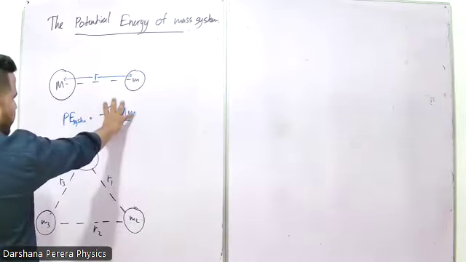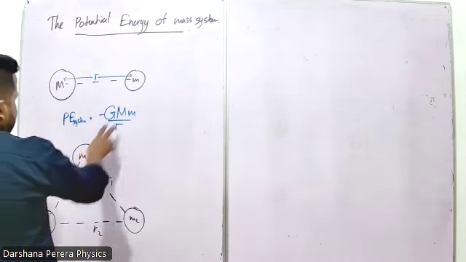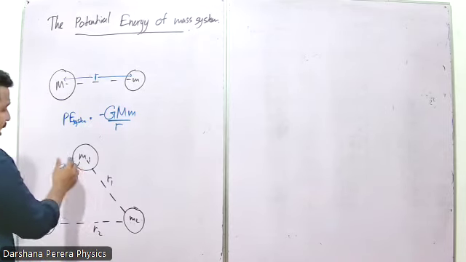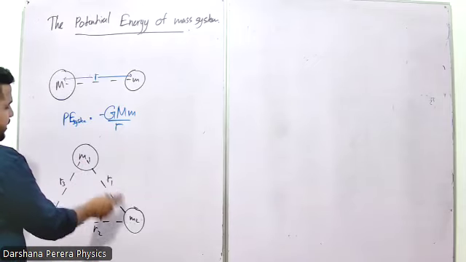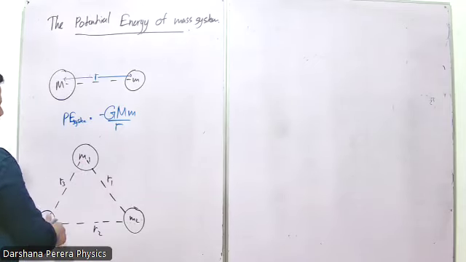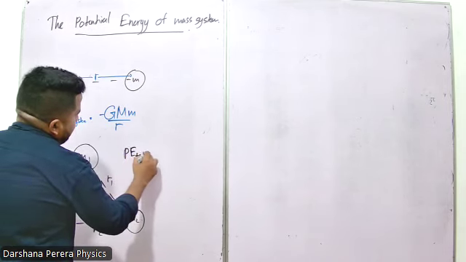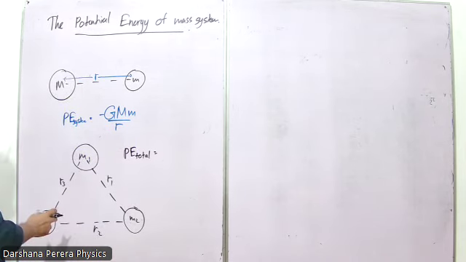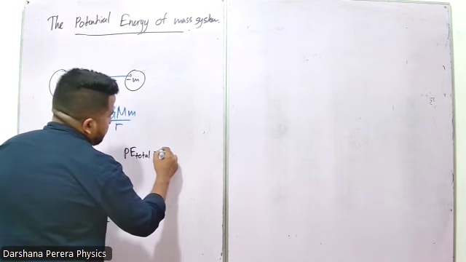This is okay. There is no huge case to this one. But when I take this system, I only have to compare the pairs, right? So for PE total, it is easier if we consider the pairs separately. I consider M1 and M2.